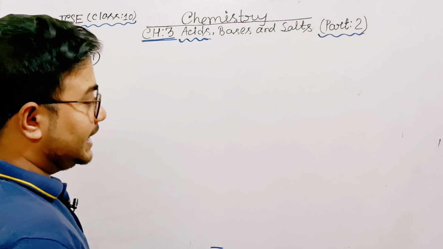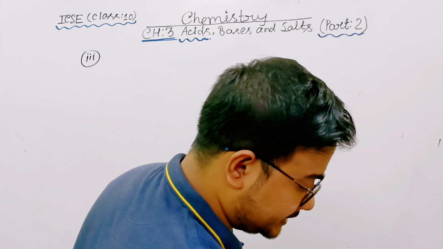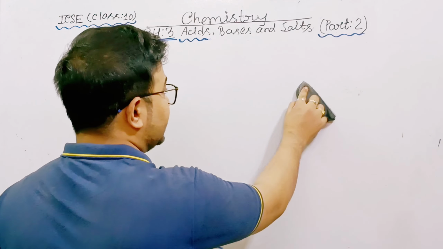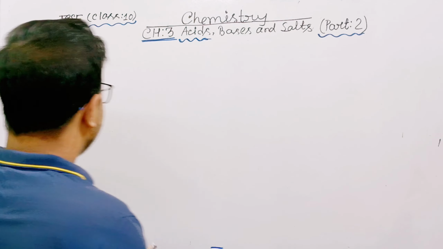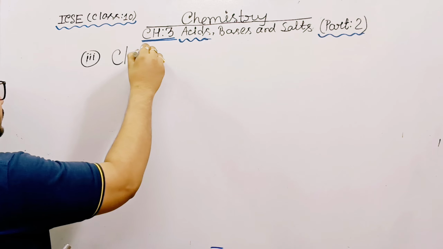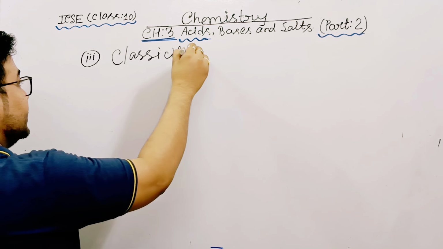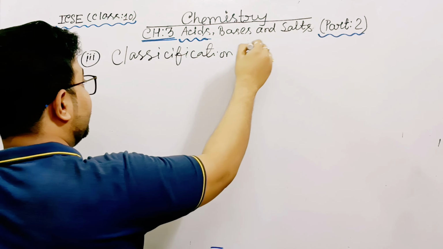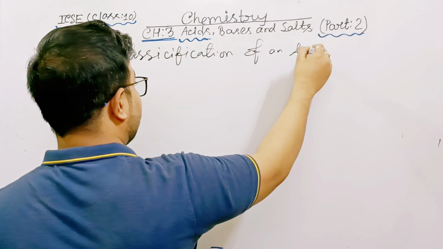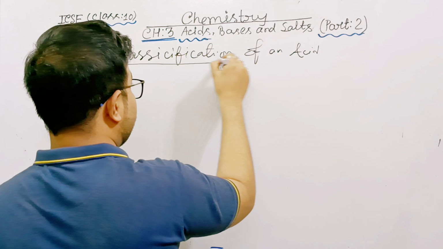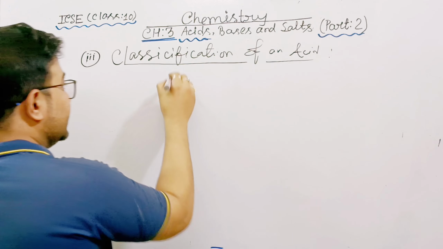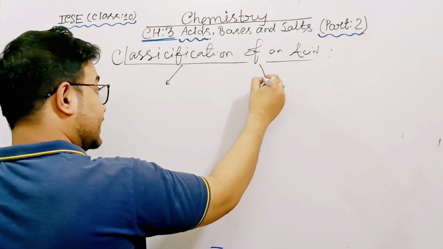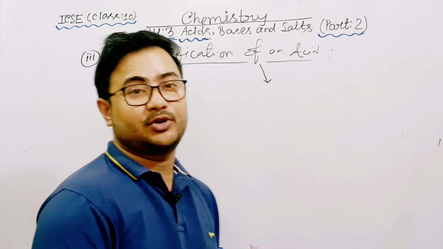Now our next topic, that is topic number 3 in today's class. Give heading: classification of an acid. Look at the word generally. This word generally is very important.